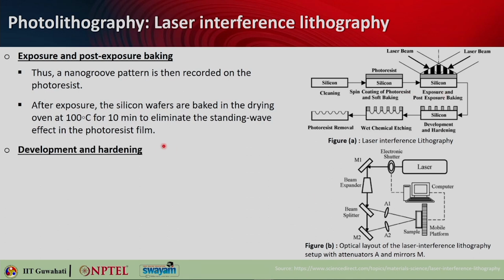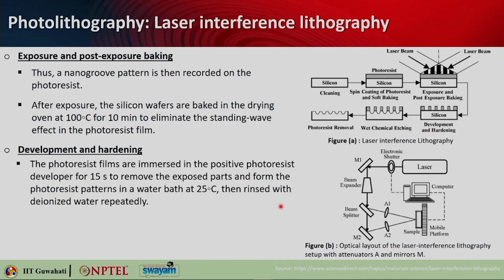Once it is done, you go to the next step, which is development and hardening. The photoresist films are immersed into positive photoresist developer for 15 seconds to remove the exposed parts, and they also form the photoresist patterns in a water bath at 25 degrees centigrade, and then they are rinsed with deionized water repeatedly.